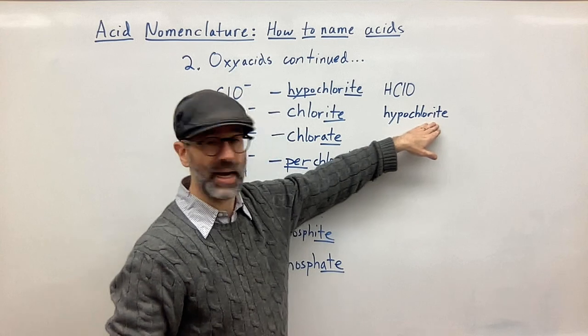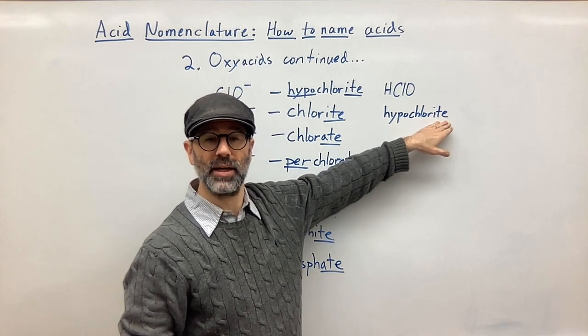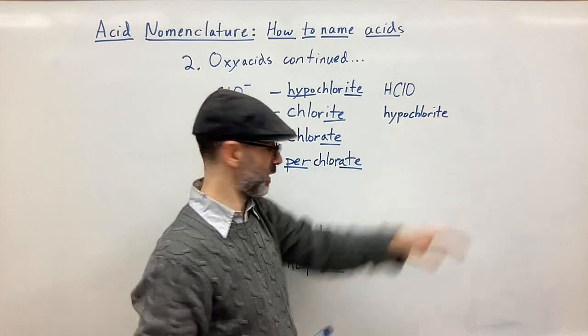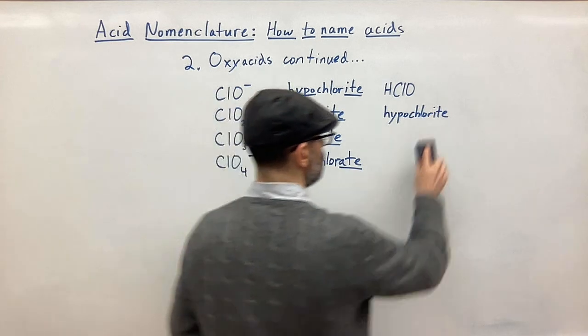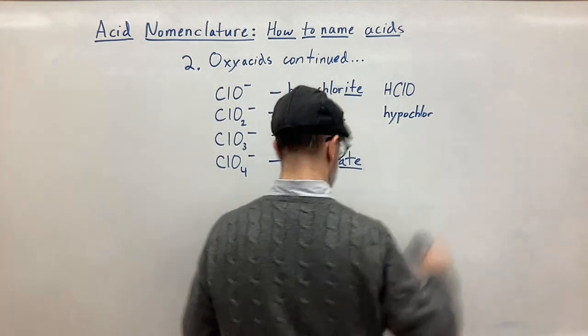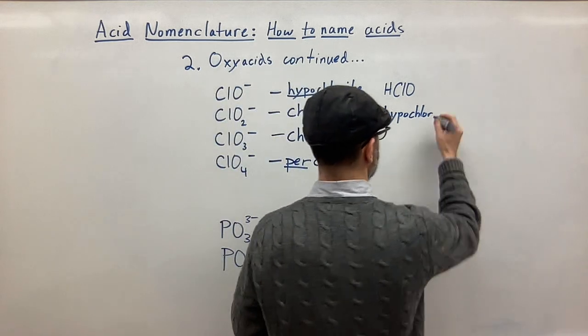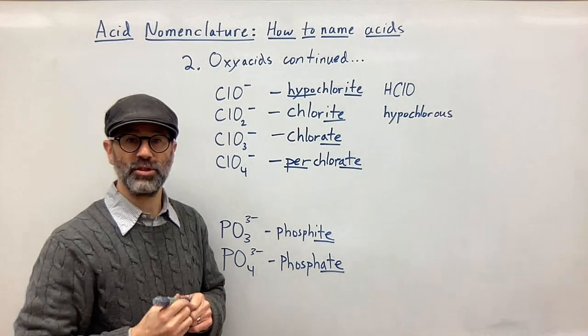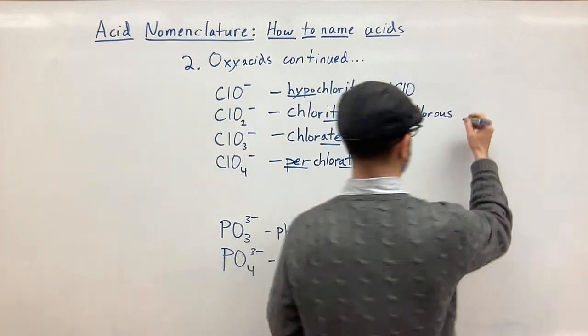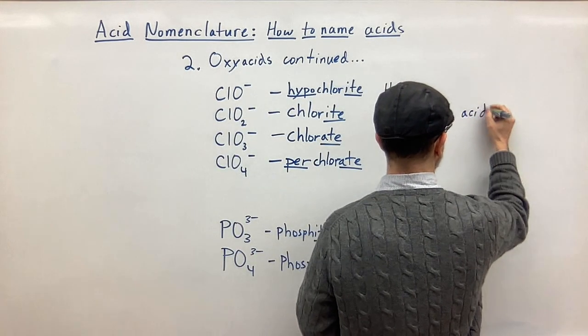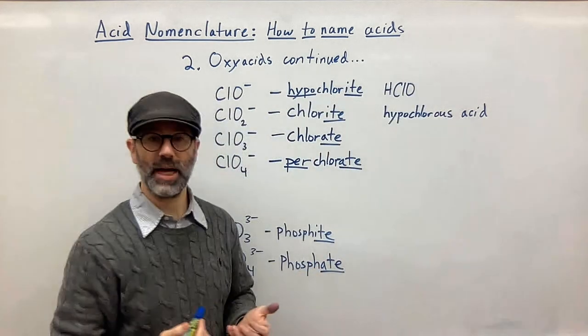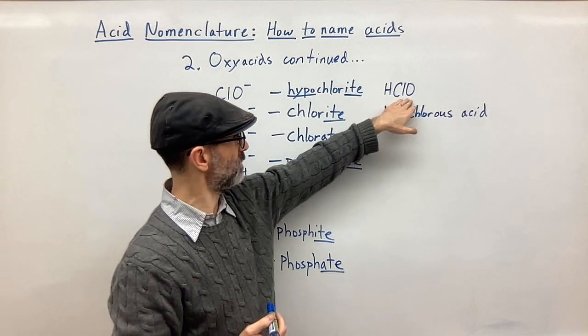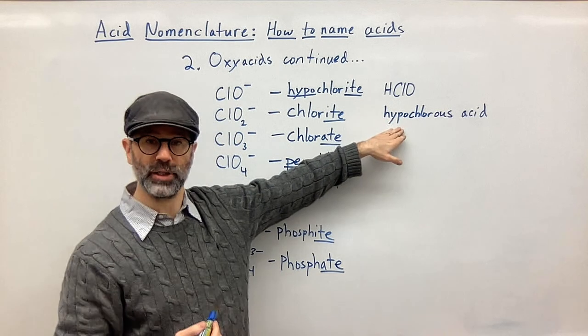And since this has an ITE ending, I'm going to replace it with OUS ending. So I'm going to replace this with OUS. And then the final step is you just add the word acid. Hypochlorous acid. So this acid, HClO, is hypochlorous acid.